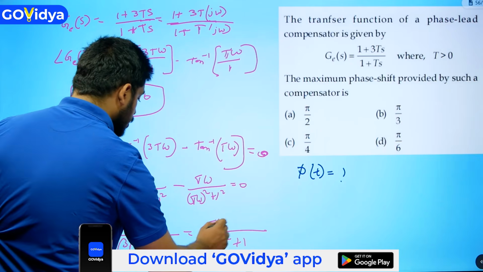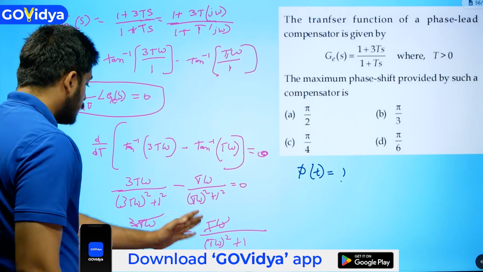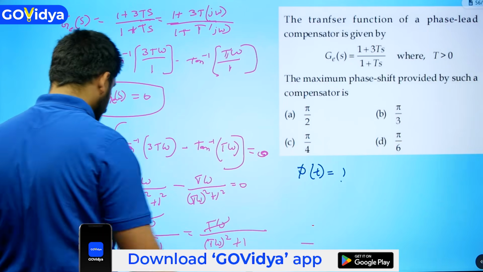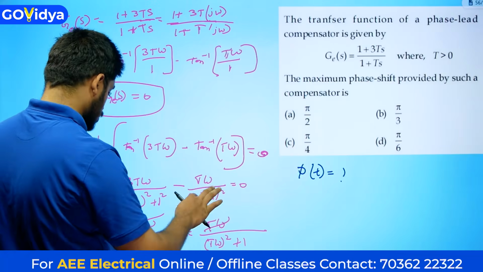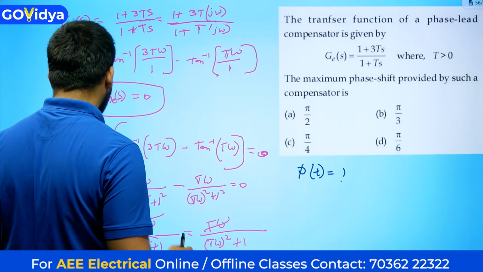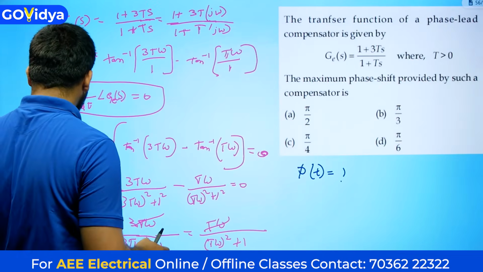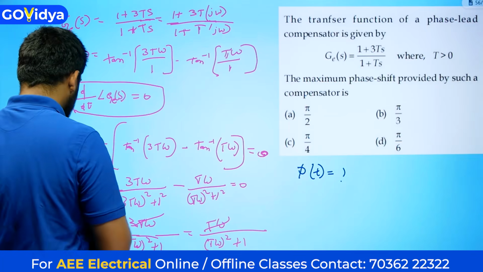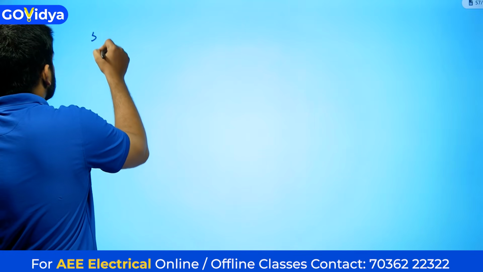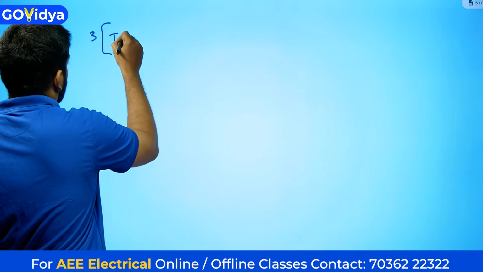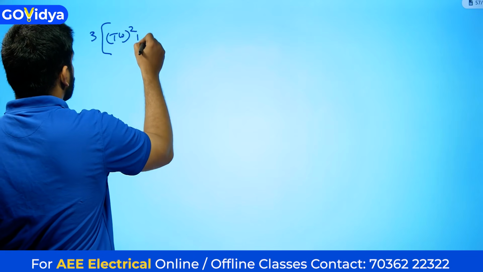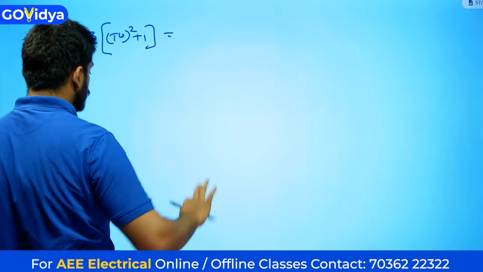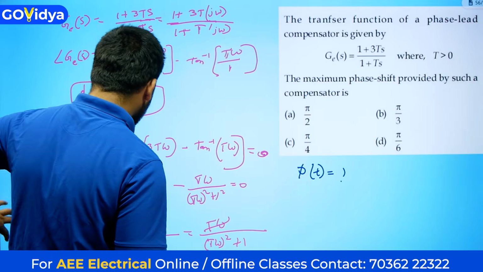t omega gets cancelled. Cross multiply both, then we get 3 into ((t omega) whole square plus 1) is equal to (3t omega) whole square plus 1.